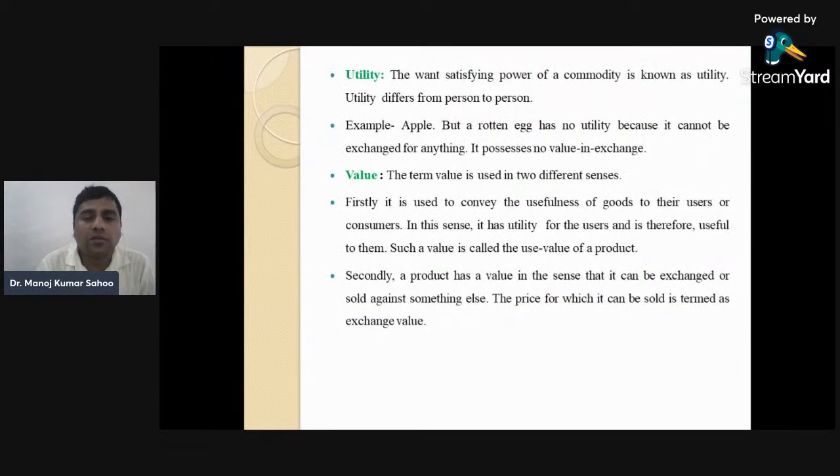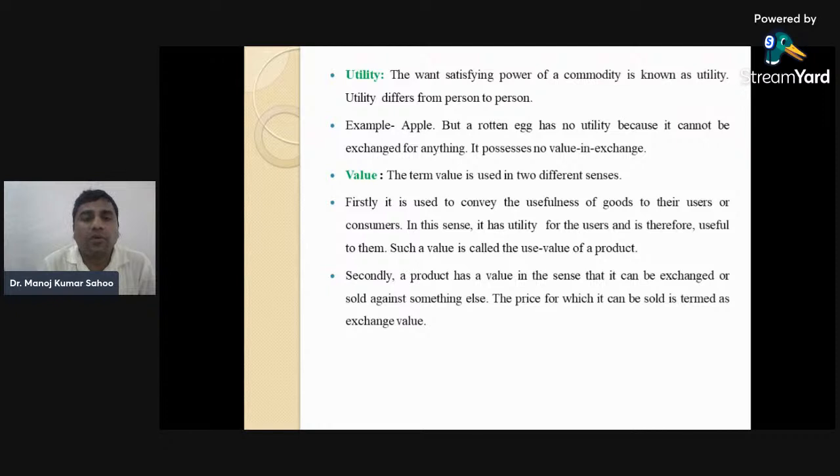Moving further, first we will discuss what is utility. The want satisfying power of a commodity is known as utility, and utility differs from person to person. For example, an apple gives you some benefit, some utility. But a rotten egg has no utility because it cannot be exchanged for anything. It possesses no value in exchange.